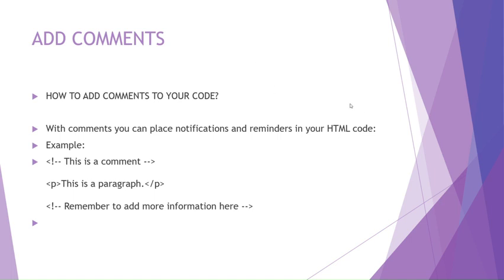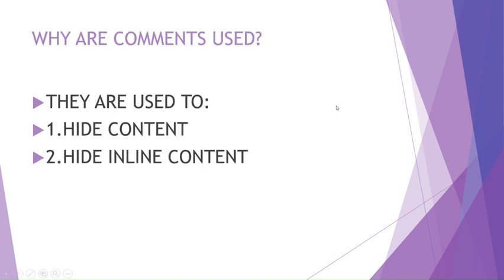Many of you have the same question: why are comments used? They are used to hide content and inline content. As we learned in our last slide, they are mainly used for the user, the developer or the debugger to understand what to write here or what information to add.